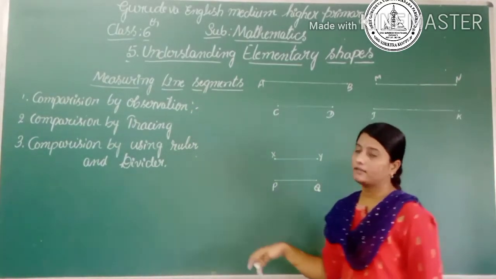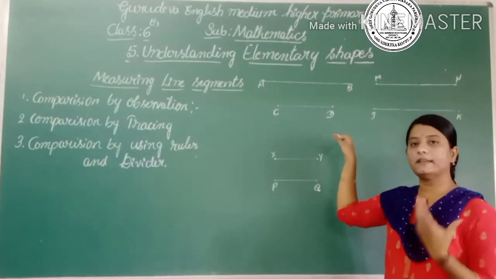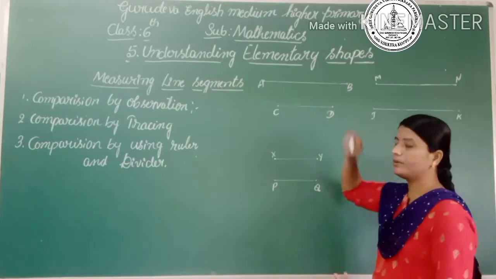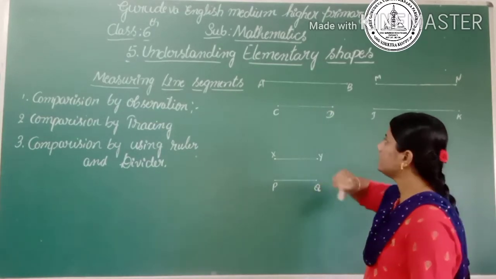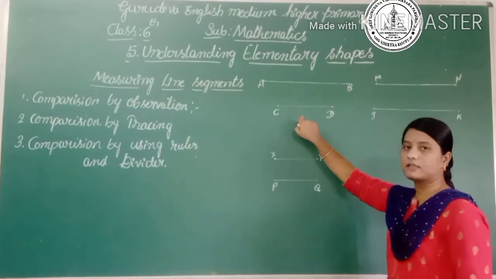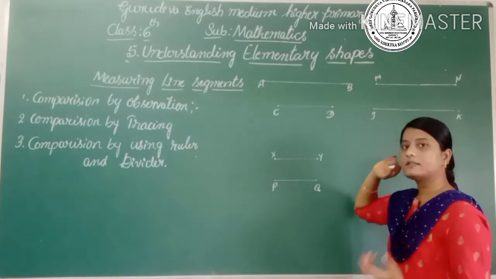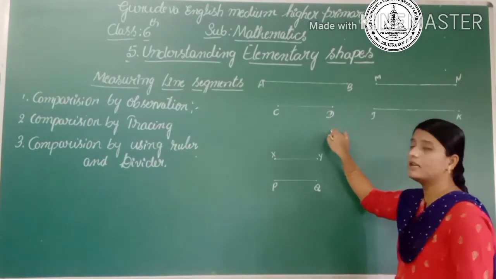In this way we compare the two line segments by observing them. Here one line segment is AB and here there is a line segment CD.